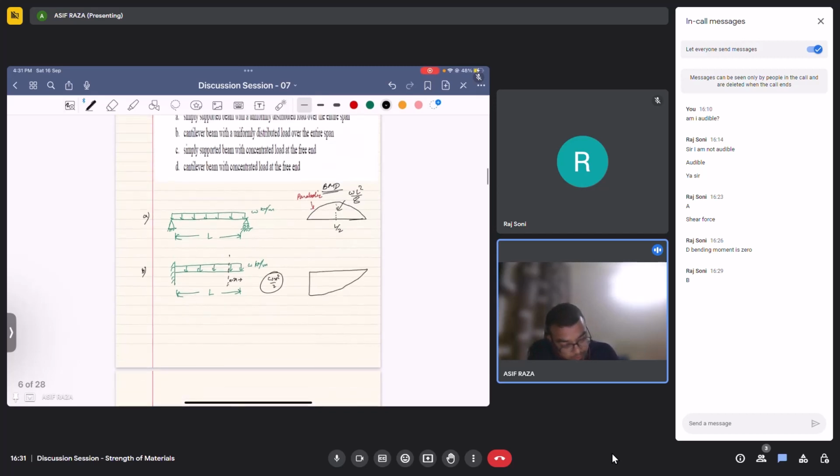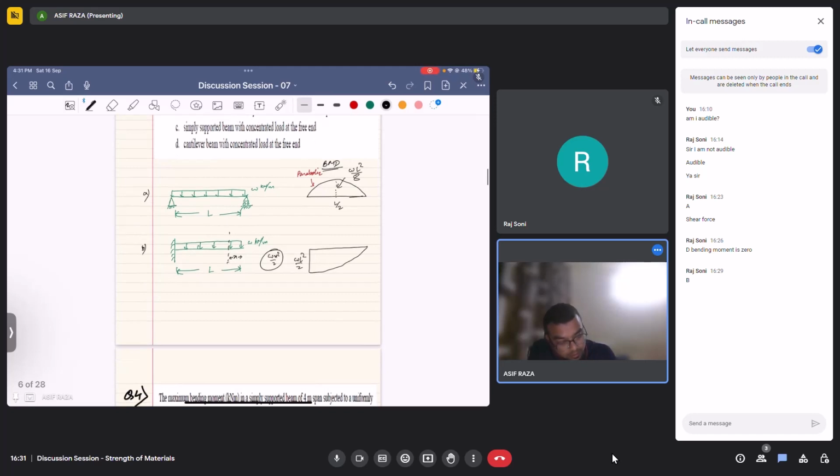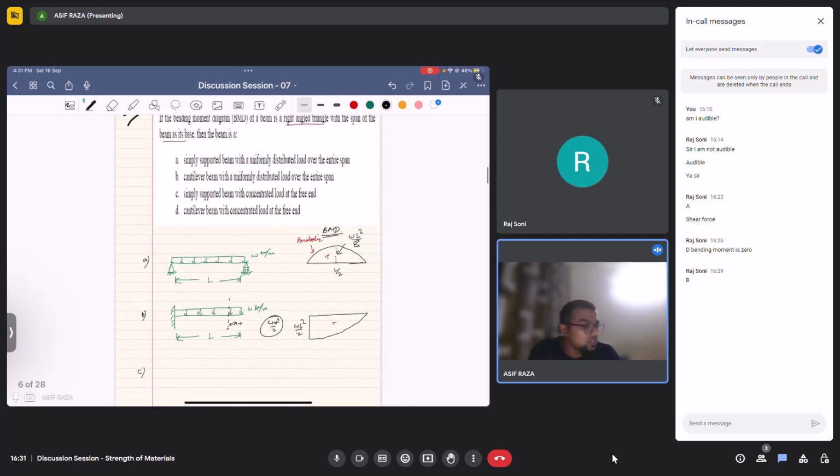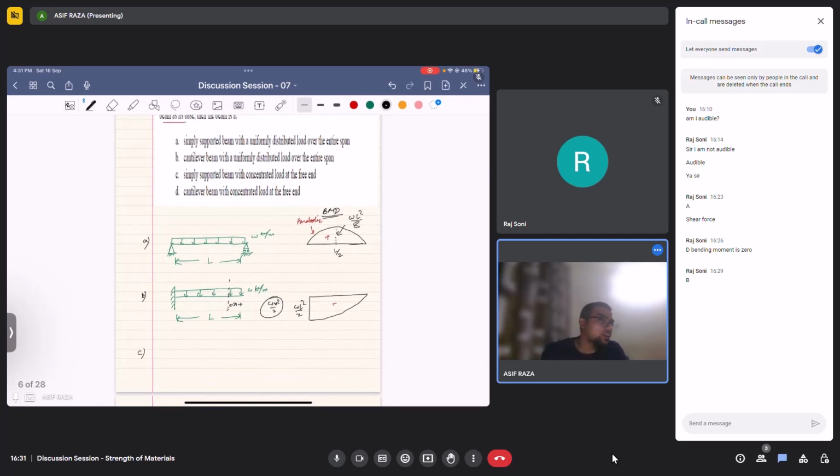At the fixed end this would be equal to WL square by 2. So as you were saying, option B, I don't think the correct answer would be option B, because this won't be a right angle triangle. It's quadratic or parabolic.